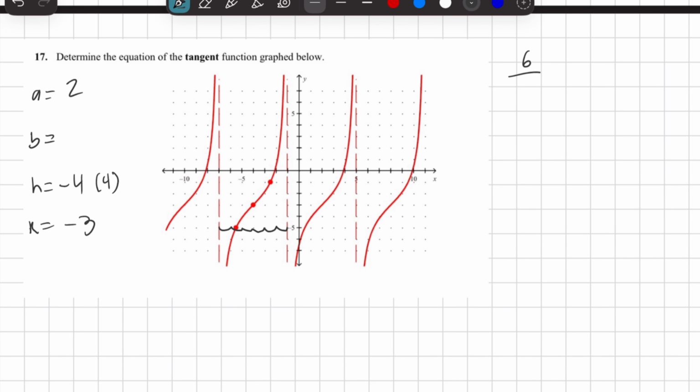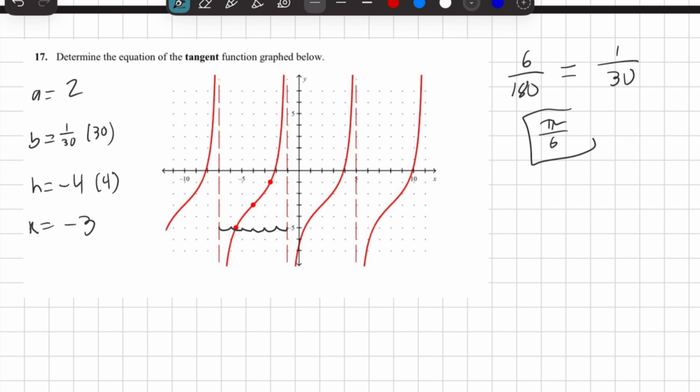And b, we can see that this goes 1, 2, 3, 4, 5, 6. So we have 6 over 180 because the period for a tan graph is 180 and not 360. So this is going to end up giving us 1 over 30, which you can put here, which is 30 in the graph. To do this in radians, you just convert 30 degrees to radians, which is going to be pi over 6.